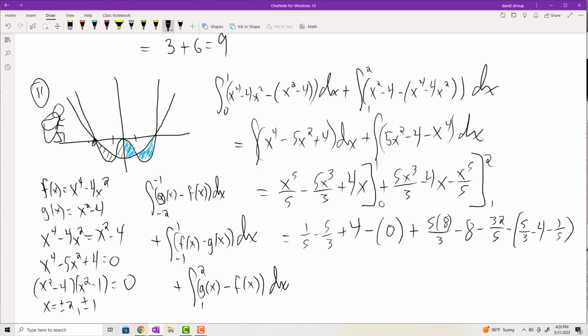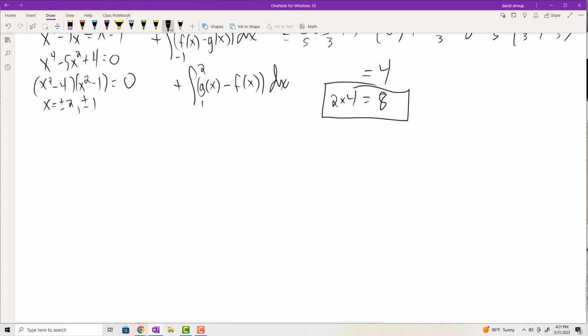I'm getting 4. I want to be a little careful though, because I have to multiply it by 2, right? So what I found was just the blue area. I need to still multiply it by 2, so 2 times 4 will give me the official area, which is 8. Okay, good stuff.